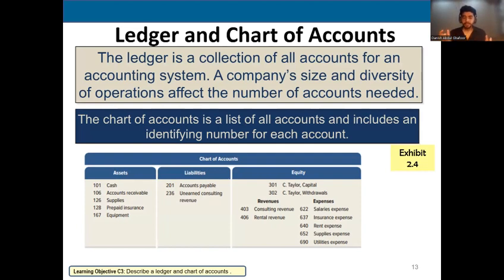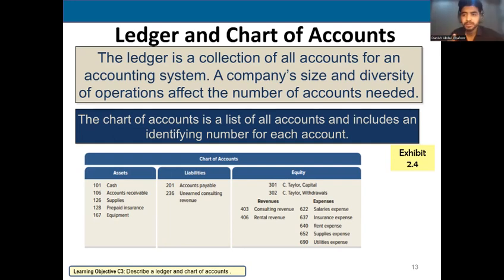The ledger is a collection of all the account heads that the company is using. It depends on how big the company is and the diversity of its operations. For example, if they are simply trading in a bank, their assets will be reserves, cash, and things like that.